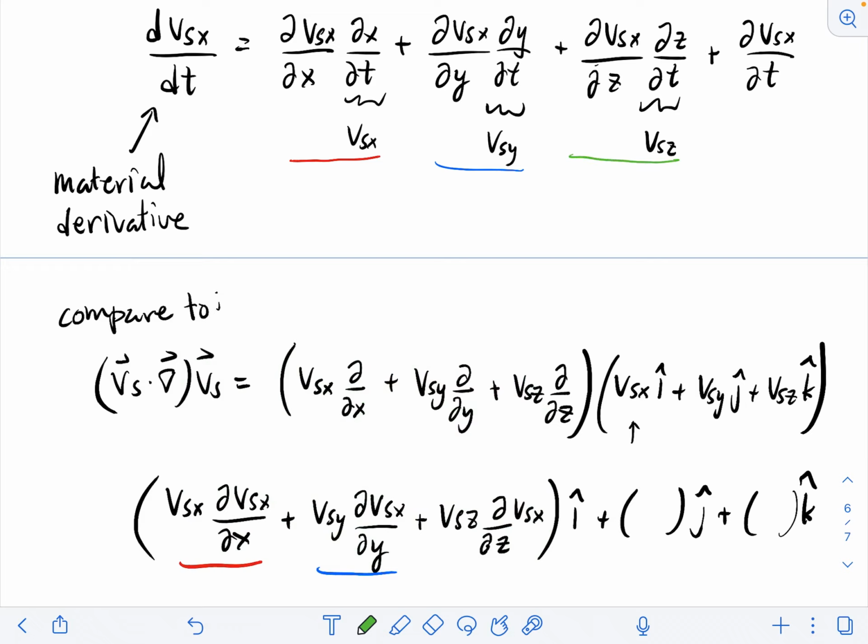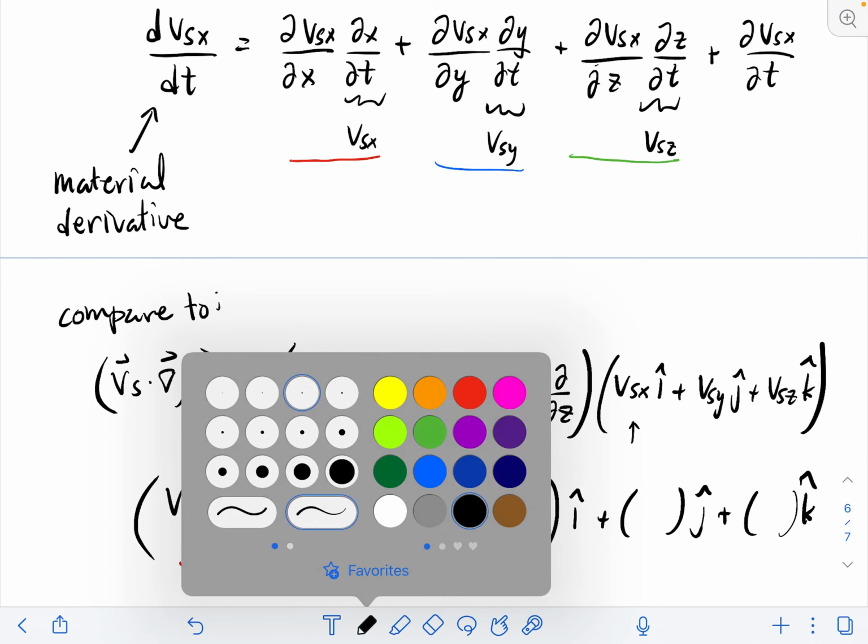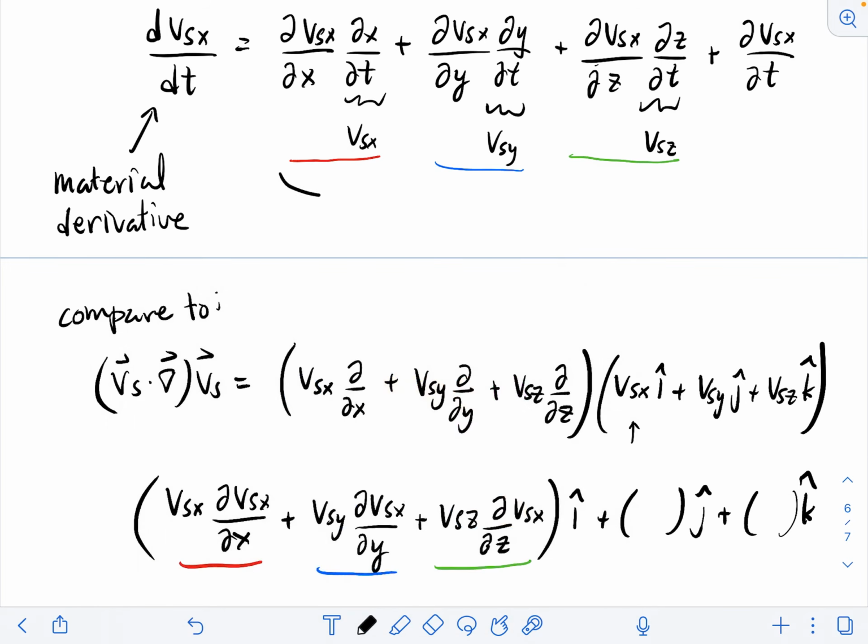And that corresponds to that term. Okay, and so what we can do then is we can say that this collection of three terms could be more compactly expressed as the x component of Vs dot del acting on Vs.